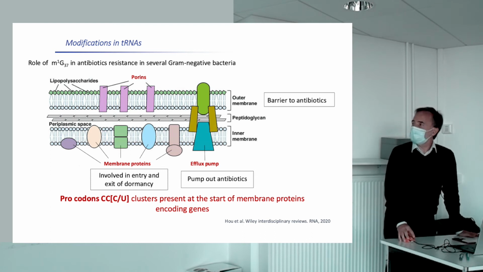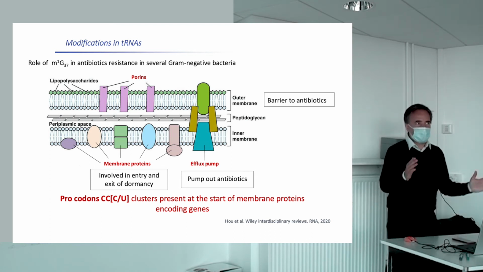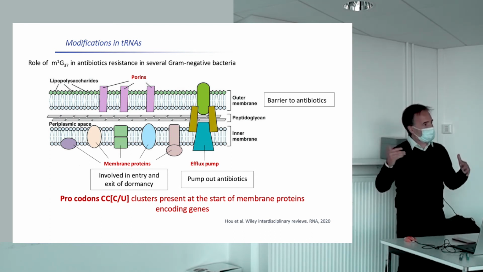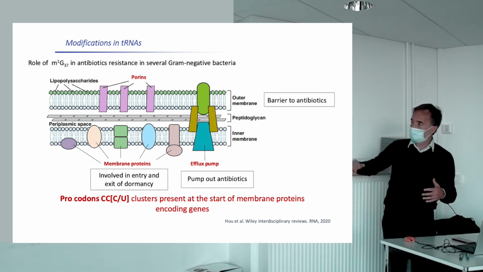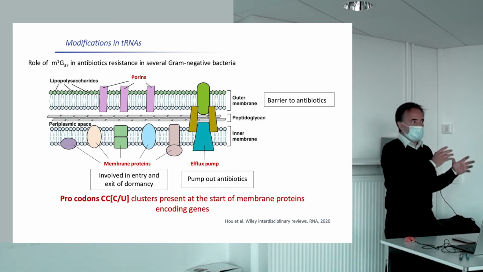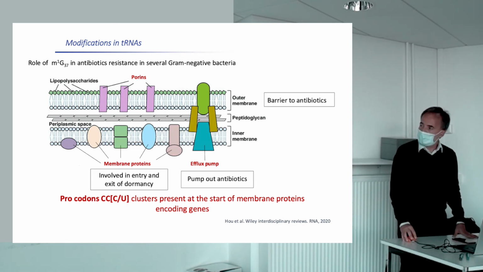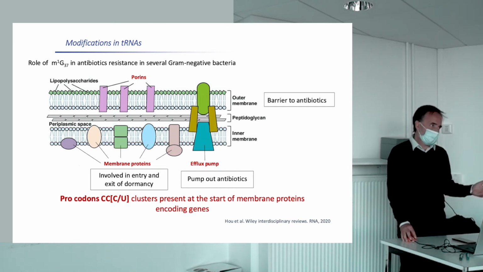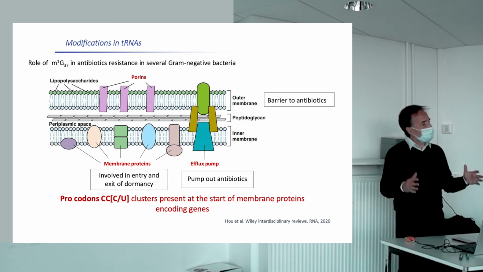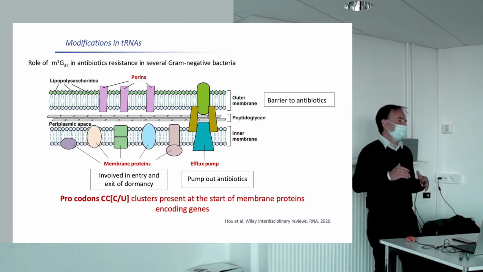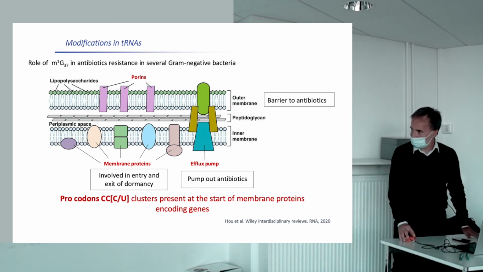It has also been noticed that at the N-terminus of these membrane proteins, including the efflux pump, the proline codons are specifically of the kind CCC or CCU. The other possibility is CCA and CCG. But in these membrane proteins, at the N-terminus, we have an accumulation of CCC and CCU codons for the proline.